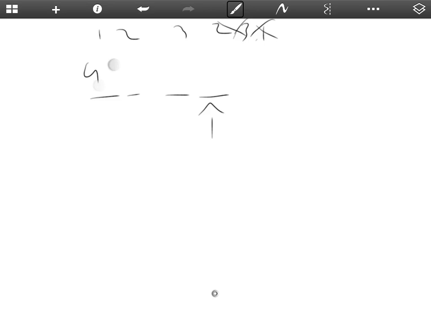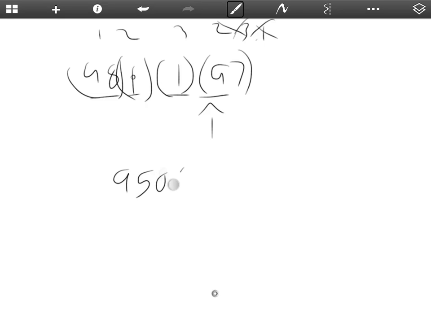This is 98 times 1 times 97. And so we're not done quite yet because there are a few other things we have to account for. But let's just do this math really fast. 98 times 97 is going to give us 9,506 possible combinations for the 4 permutations where order does matter.